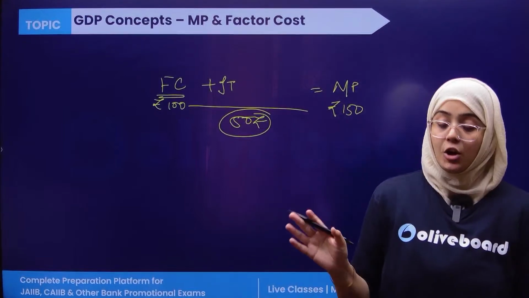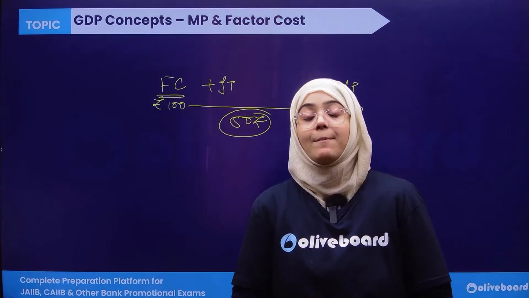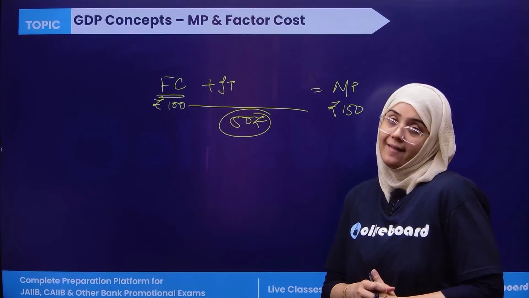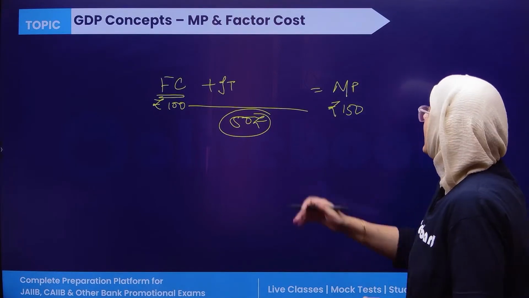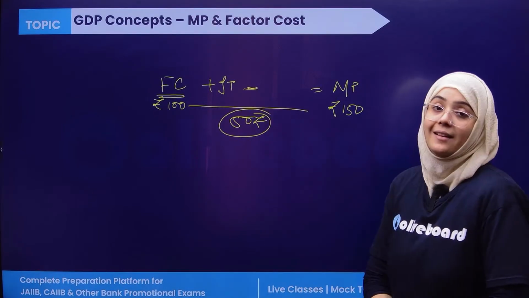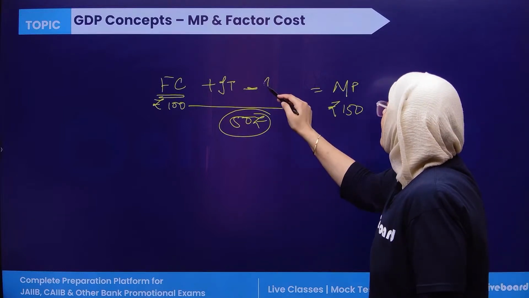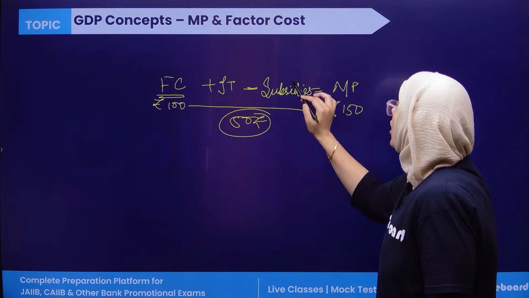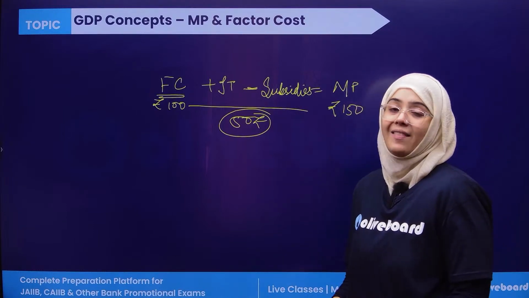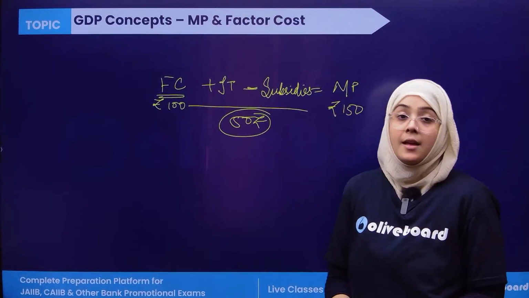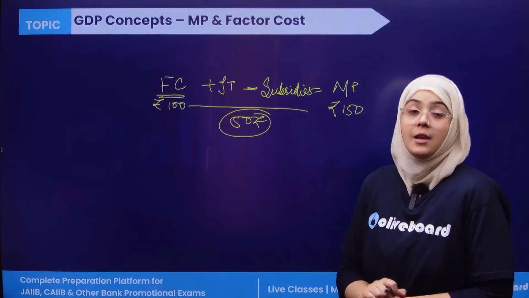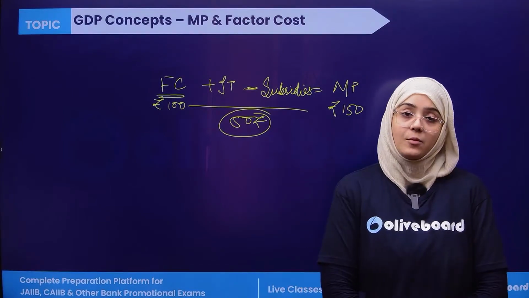Minus all types of subsidies. If the government has given any type of subsidy, then we have to subtract all subsidies from here. Then we will get the market price.